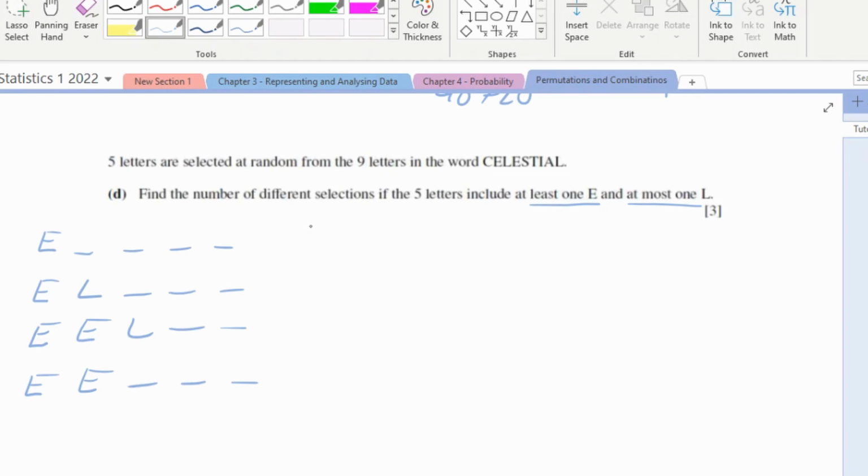So let's consider this first one here. Now remember, let's look at the word celestial. So we're not going to be using any of that or that or that. So how many letters have we got left over? Is it 6? 5. 5, sorry, 5. Okay, so the first one is going to be, what do you think there? Yeah. And the next one? What does 5 choose 4 give?